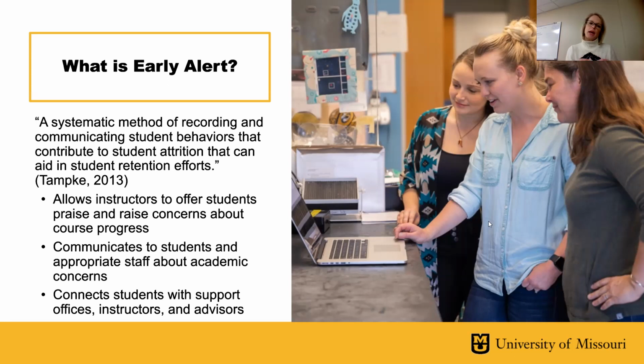In addition, offering that feedback through the system also communicates to students and provides connection to resources and staff, as well as connecting students with advisors and support staff who are alerted to the concern as well, so they can support the student through conversations they may already be having with the student.